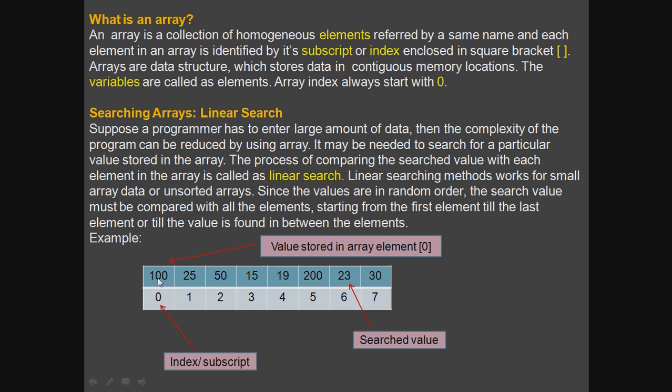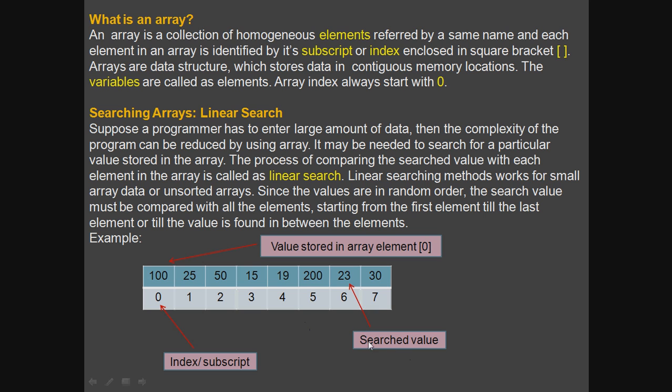In array element 0, 100 is stored. In array element 1, 25 is stored. In array element 2, 50 is stored. Still, in array element 7, 30 is stored. So the index or the subscript of this array element is not 0 to 7 but 8, right?